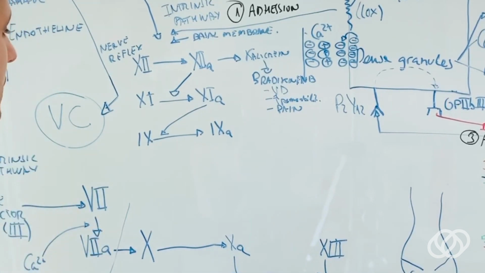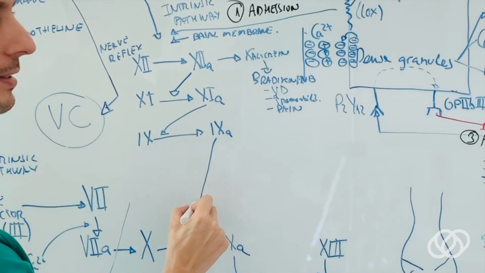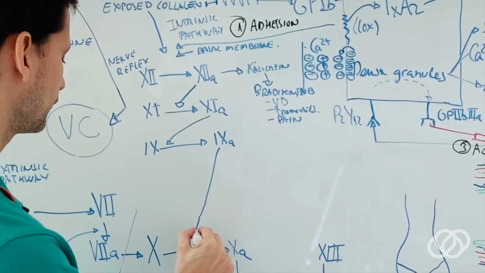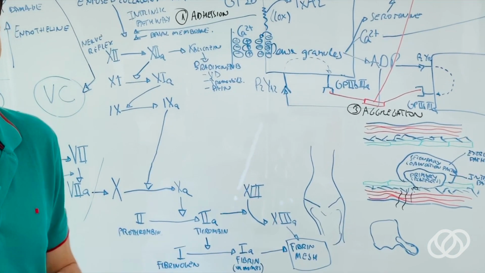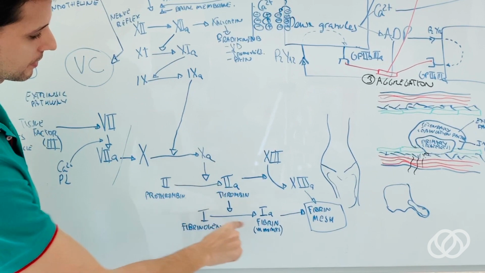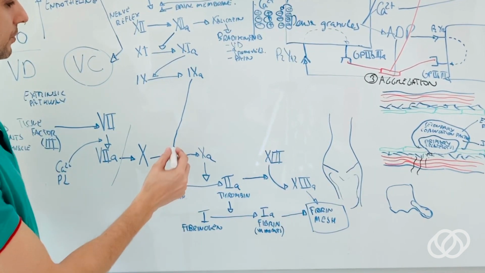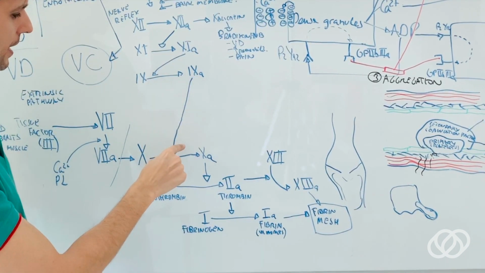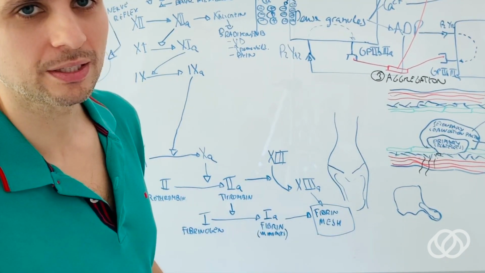This one is also able to get into the combined pathway and activate factor 10 and then get into the fibrin mesh finally. But factor 9 is able to activate factor 10 only in a very weak way.